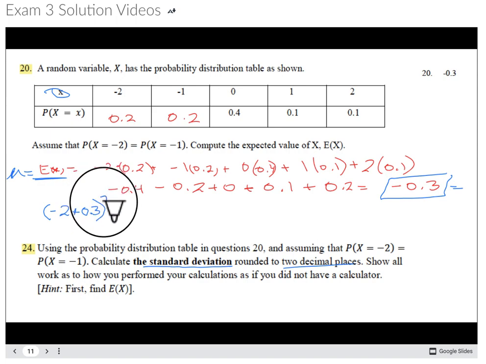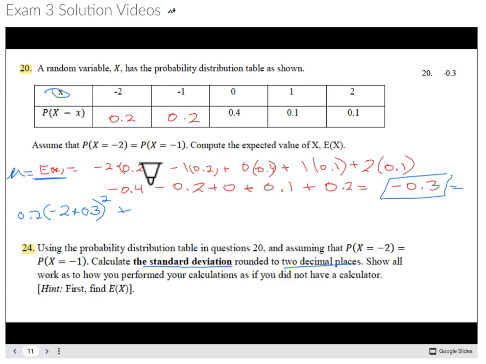We're going to square that, because if you don't, then you add all these together and you get 0. And then to get the weighting, instead of dividing by n like we would with data, we're going to multiply by the probability. So I'll do it in the front, 0.2. That's going to give me that value.